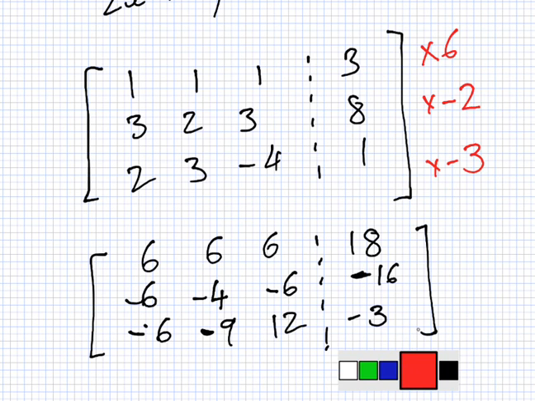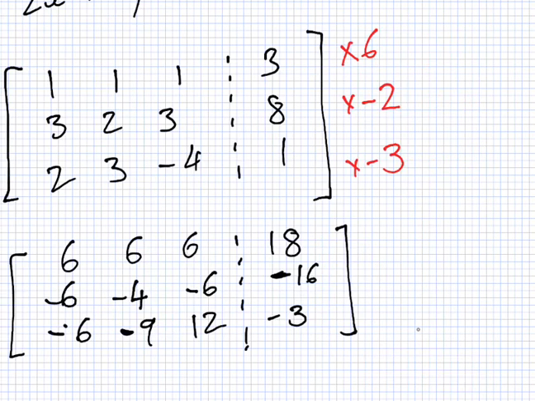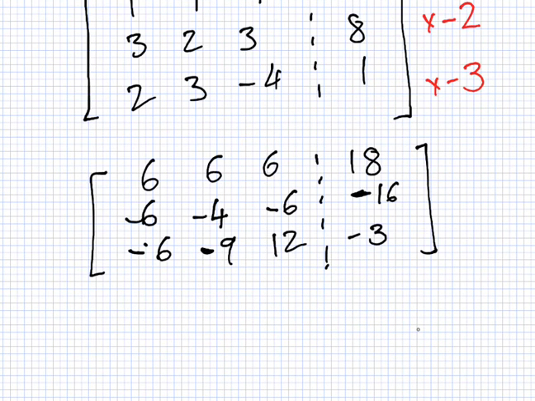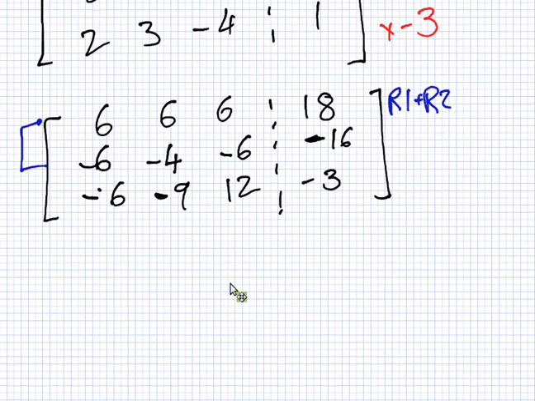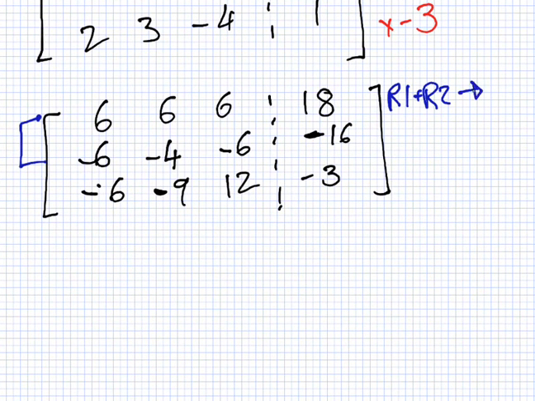Okay. Now, what I do is I add. So I'll add the first row and the second row, and where will I put the answer? In the second row. So I'll do row 1 plus row 2, and I'll put the answer onto row 2.